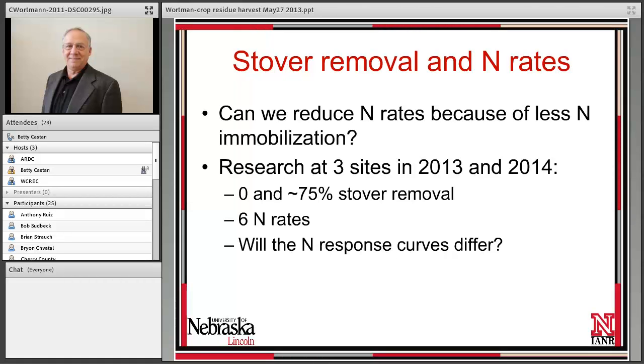And so the question is, if we're removing some of that crop residue and reducing that potential for immobilization, should we be applying less nitrogen? And so we do have this study at 3 sites this year and plan to continue it next year, where we have 0 and 75% stover removal and 6 nitrogen rates, and we want to determine if those response curves will be different.